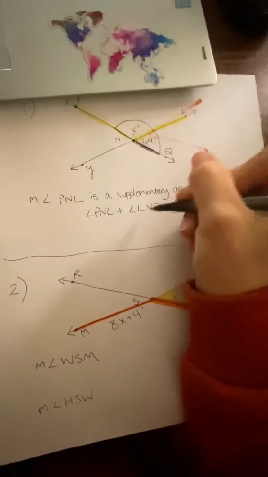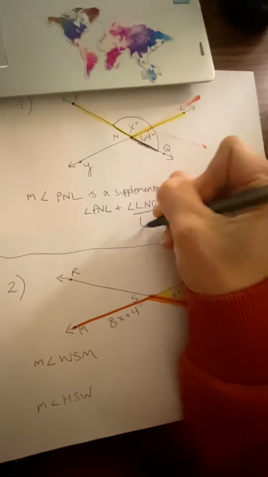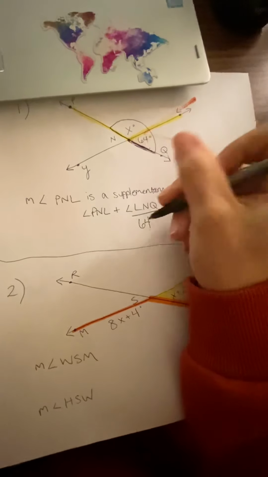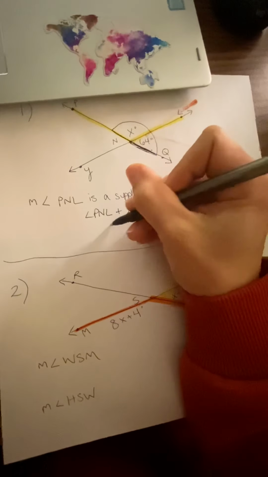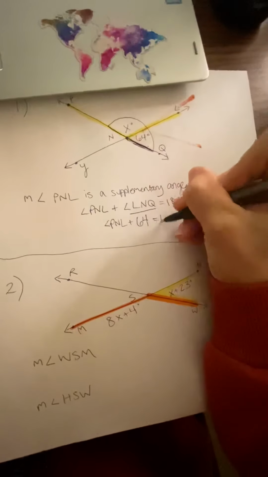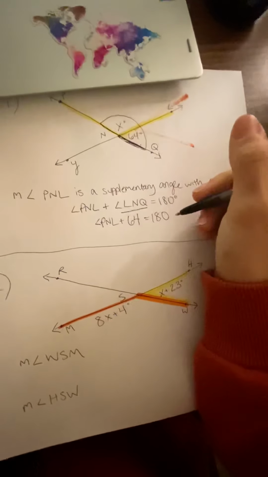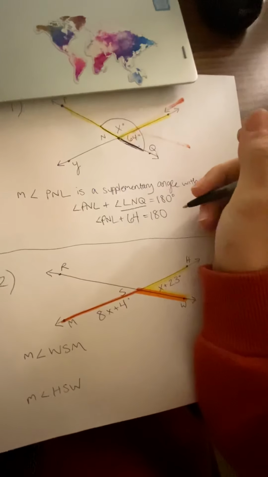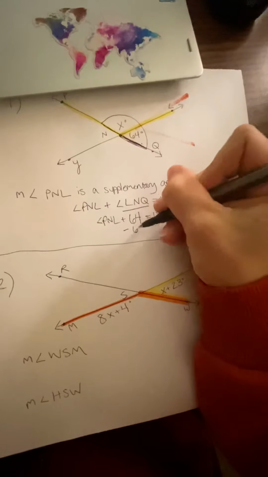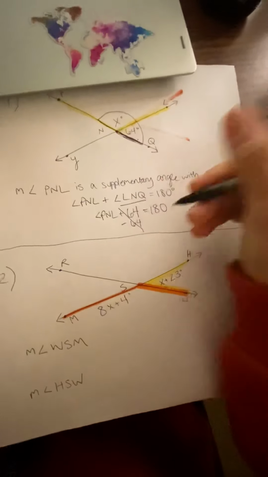So if I know that LNQ is equal to 64, which they show me here in my diagram, then I can replace LNQ with 64 and say angle PNL plus 64 equals 180. Then I can use inverse operations to solve. Plus 64 means I'm going to do minus 64 to cancel that out.